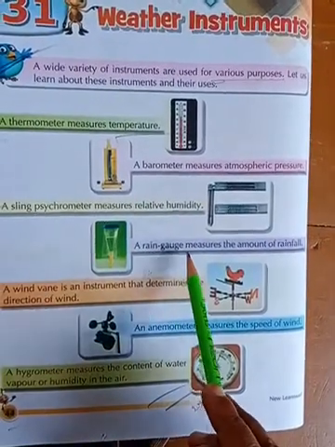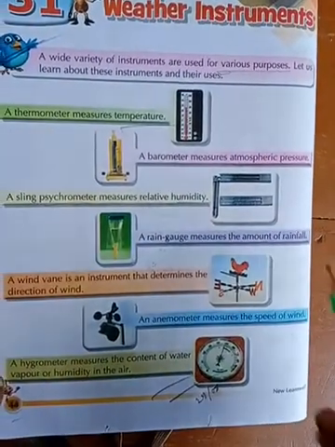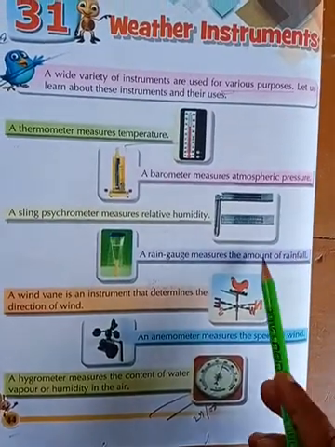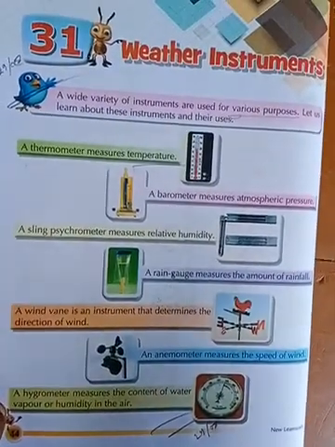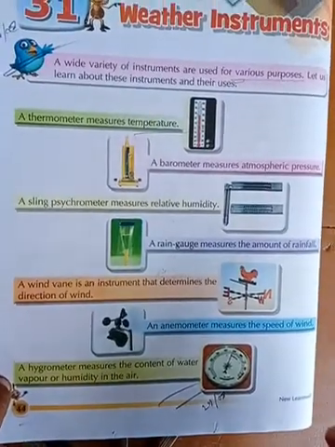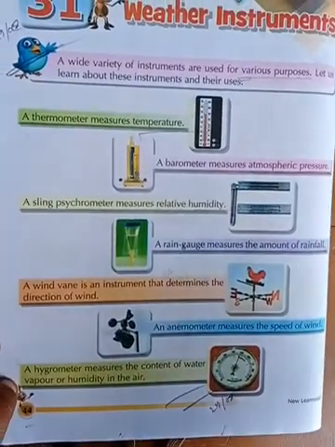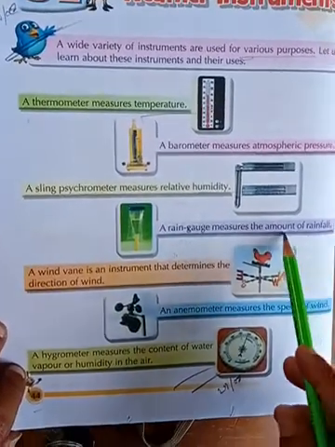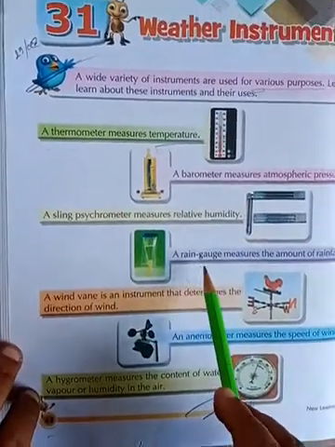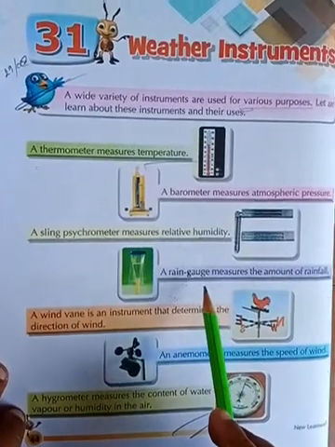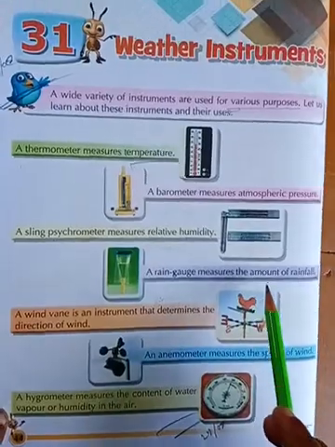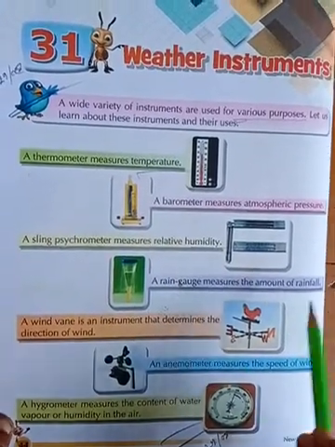Then a rain gauge measures the amount of rainfall in the year, or the amount of rainfall in a particular season and also particular days, etc. That means we can measure the amount of rainfall by rain gauge. Okay, by the instrument of rain gauge we can measure the amount of rainfall.